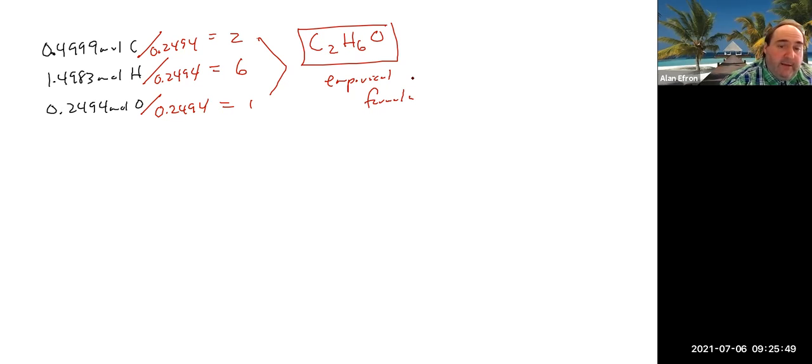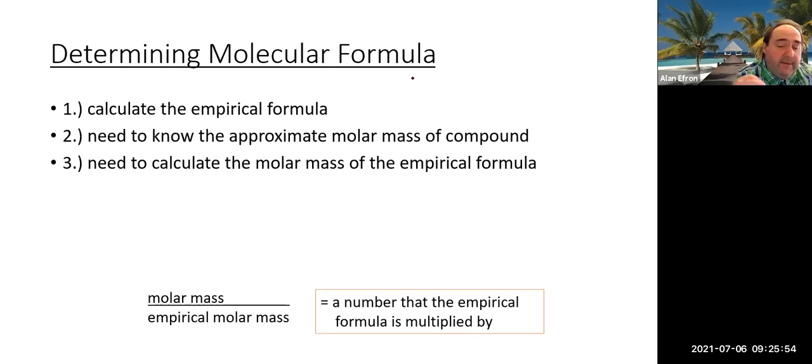Okay, then let's talk about how we calculate the molecular formula. The molecular formula is exactly how many atoms of each of those elements are present. For the most part, you need a couple of things.